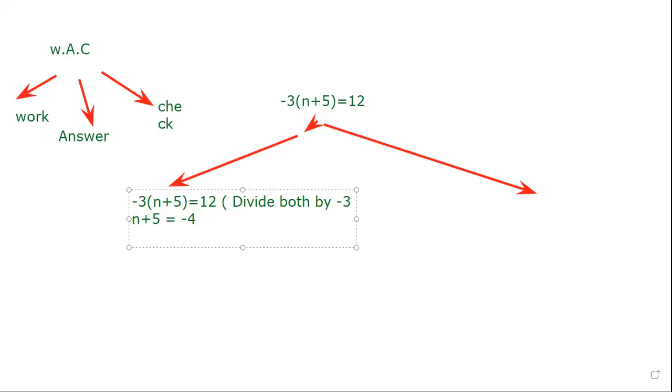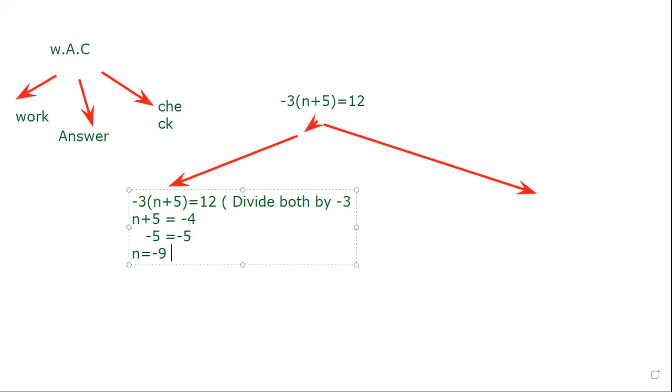Then we will add the additive inverse for both, which is -5, and on the opposite side I'm going to add negative 5. Agree with me? Yes. Then n equal negative 9.